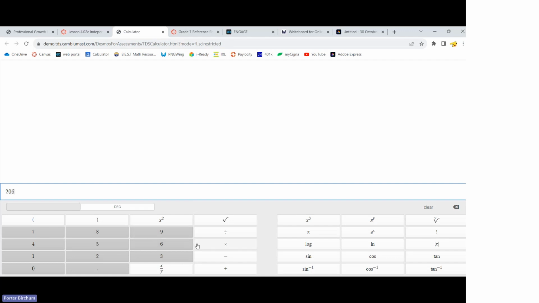Starting over, 206 times 0.027 times 6, 33.372. Now I'm going to add that to the starting amount, 206. So after 6 years, he would have $293.37. Let's copy and paste this.